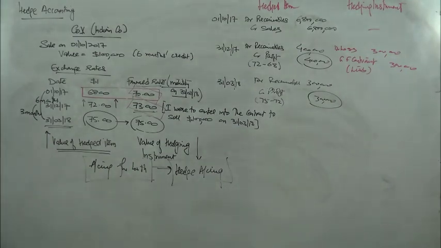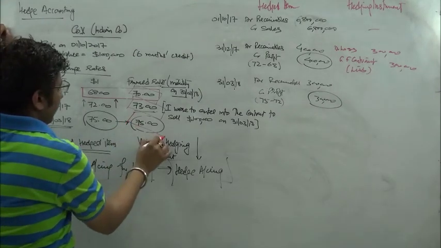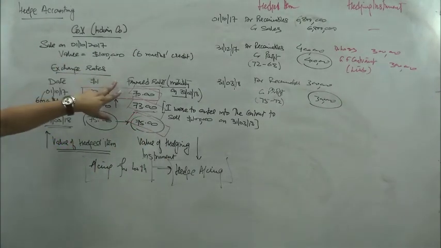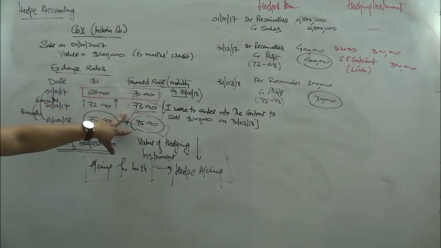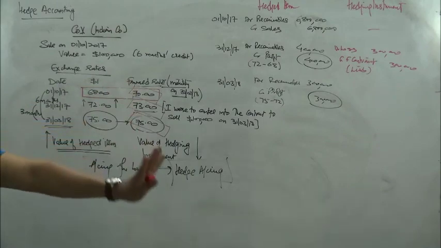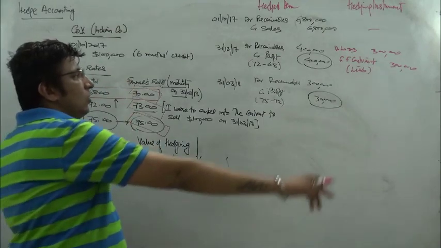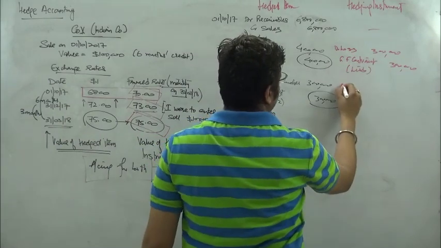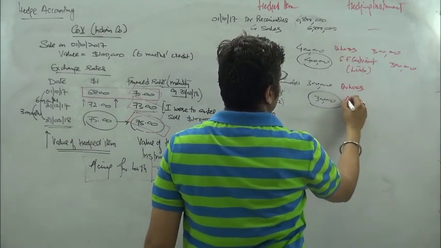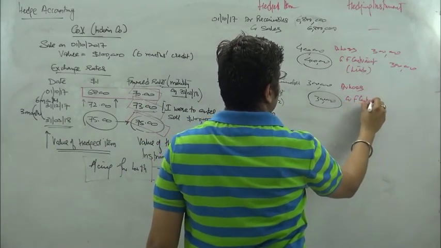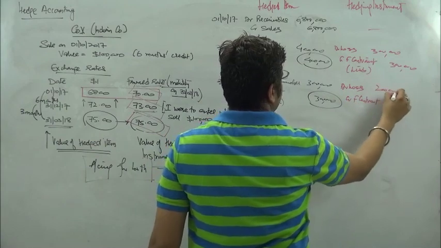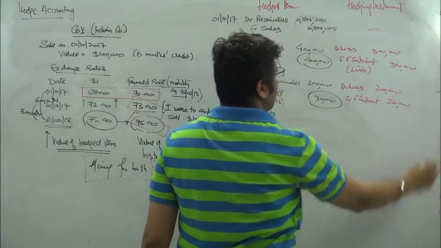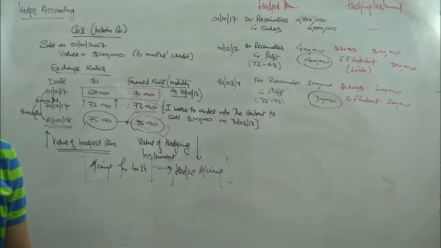Okay, right? And finally, if I look at this value, 75, I booked at 70 originally. I would have got 75, which means a total loss of 500,000. I had already booked a loss of 3, so which means on this date, I need to recognize yet another additional loss of 200,000.